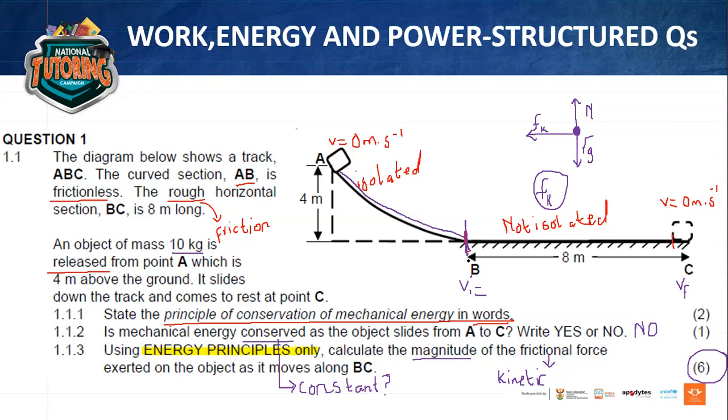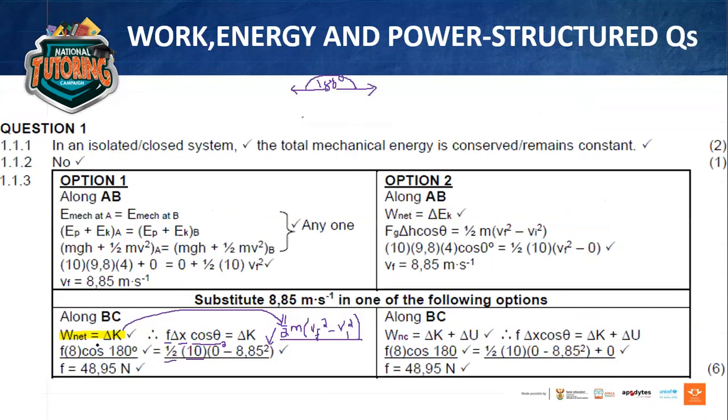And that will definitely help you to get the speed at B. I started here because I know this is normally where you, as learners, get problems. You see that you don't know the speed at B, so let me calculate it. And this is where we are calculating it, along this section.